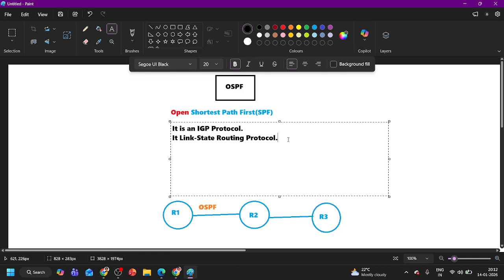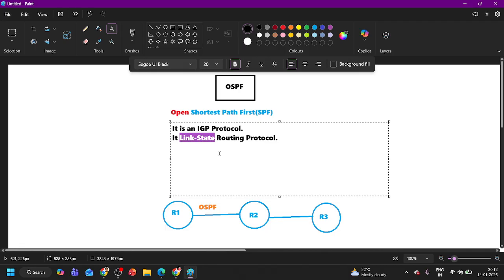It sends full and partial updates. It sends periodic and triggered messages. Anything else? Here is the most important thing about link state routing protocols. A link state routing protocol doesn't share routing information.